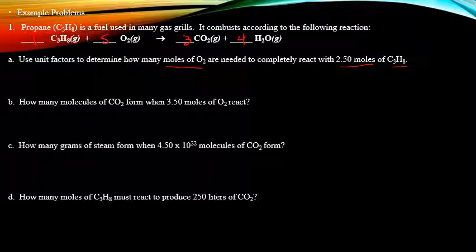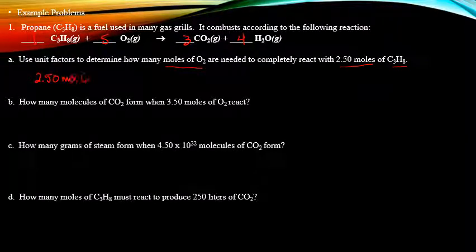So I'm going to begin by taking the 2.50 moles of propane, C3H8. And in order to convert from the moles of the propane into moles of oxygen, I need to use my molar ratio.